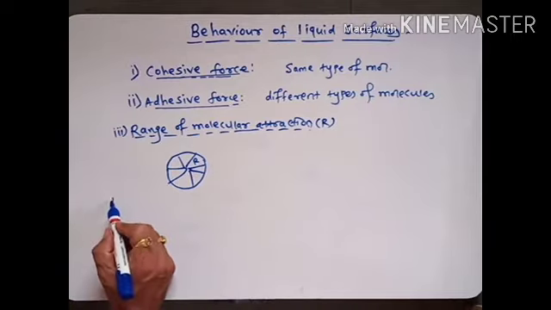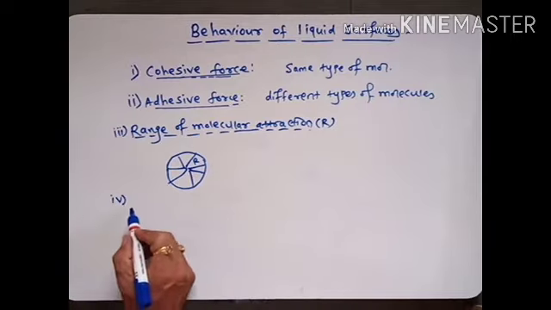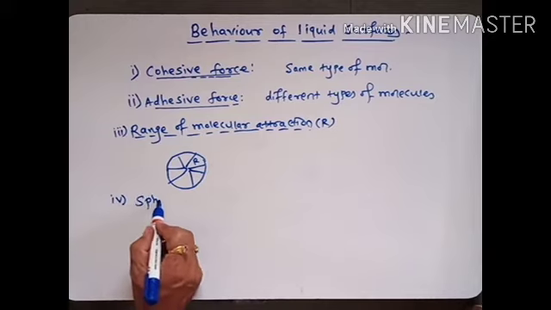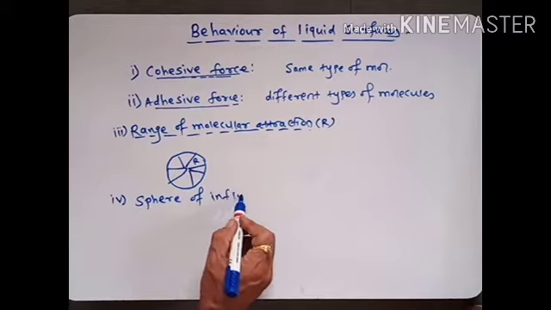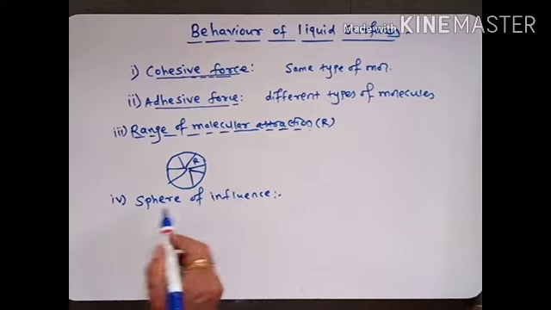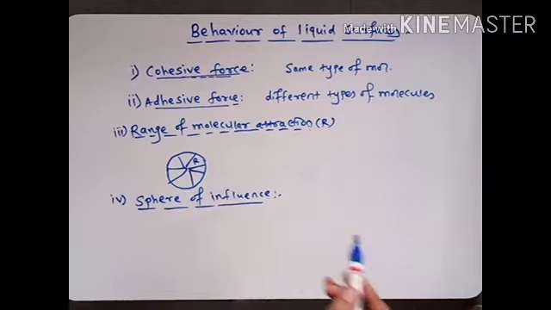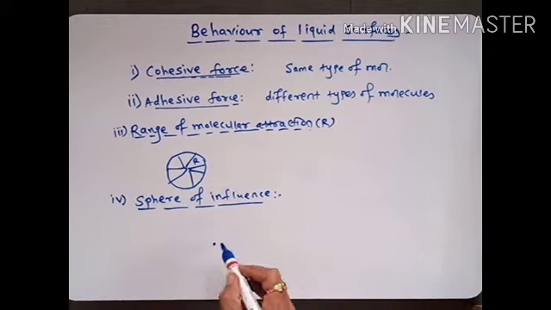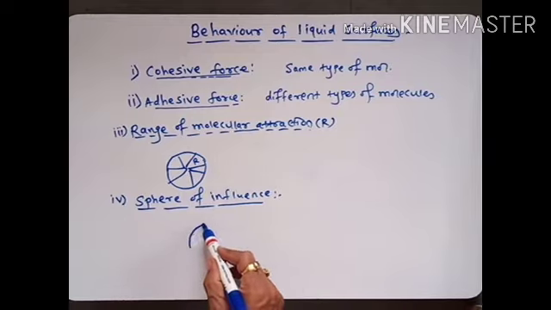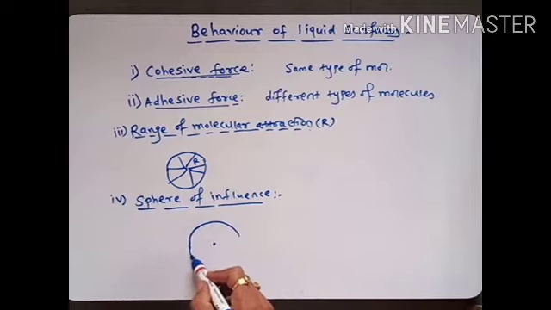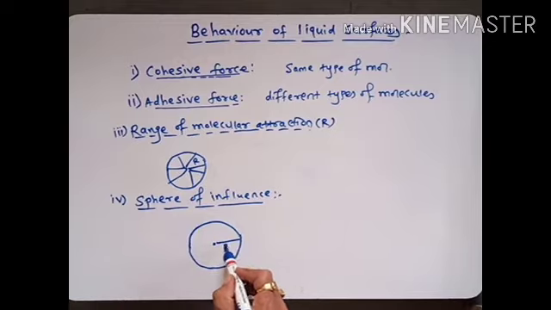Now we consider the fourth definition, sphere of influence. Suppose this is the molecule, and we draw an imaginary sphere around the molecule, such that the molecule is at the center and the radius of this sphere is equal to the range of molecular attraction.